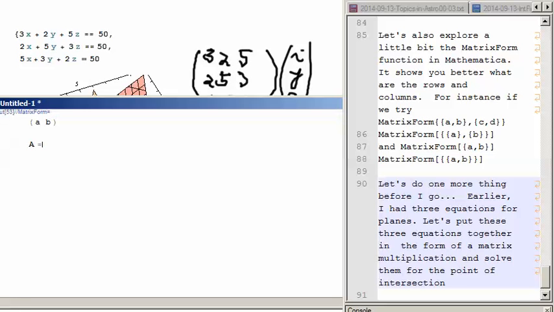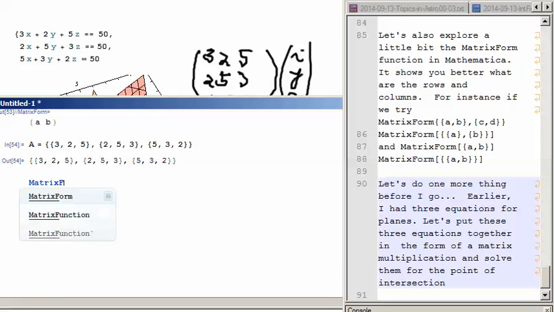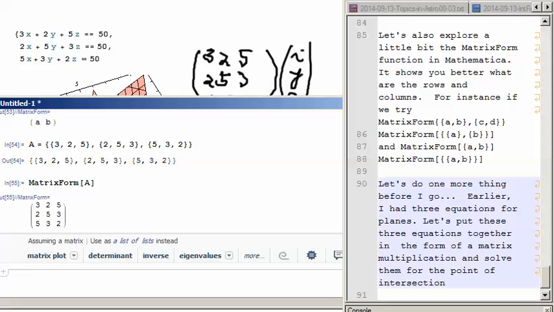And we can just say A equals 3, 2, 5, 2, 5, 3, and 5, 3, 2. And let's see matrix form of A. And it's all lined up like that.